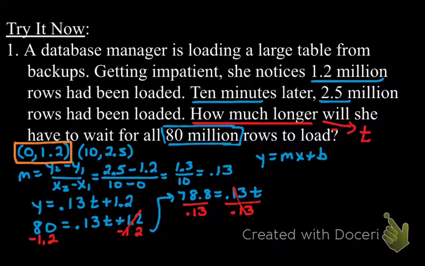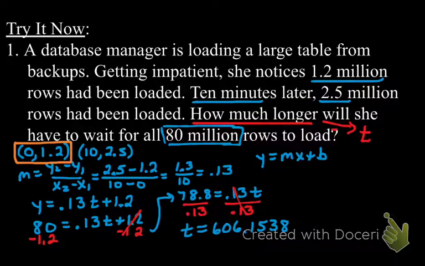And it looks like we're going to get that t is approximately, let's just go with the exact answer that we get here first. So without rounding, at least according to my calculator, I get 606.1538.